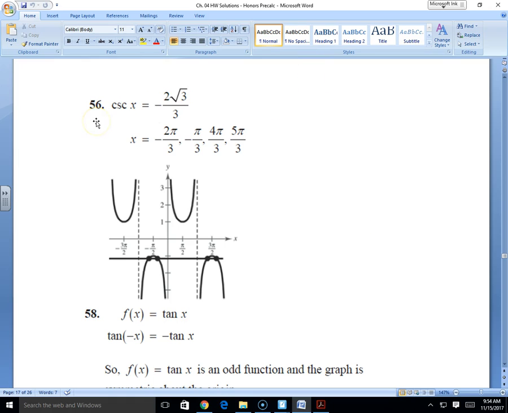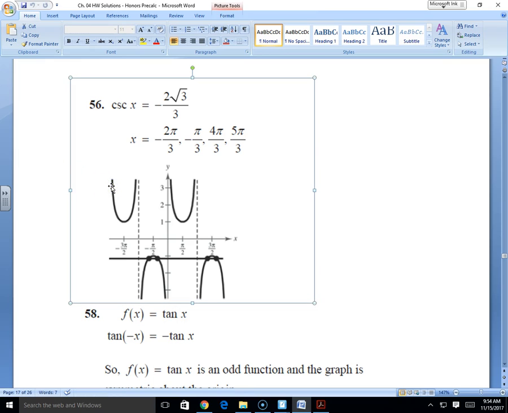What's going on with number 56? This one was kind of weird. They told you to solve. Why, if they told you to solve, are they in their calculator? What's this supposed to be showing? Who's the bounce? Okay, good. So these ones, let's call this, still trouble. Somebody.